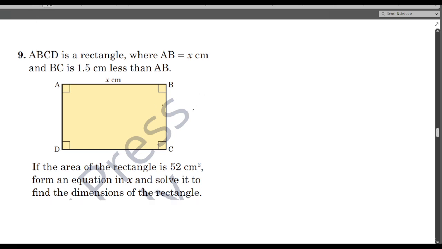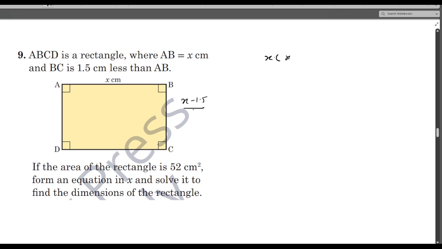So your BC value will be x minus 1.5. If the area of the rectangle is 52 centimeter square, form an equation in x and solve it to find the dimensions of the rectangle. Okay, so area of rectangle, we all know that it is length times breadth.